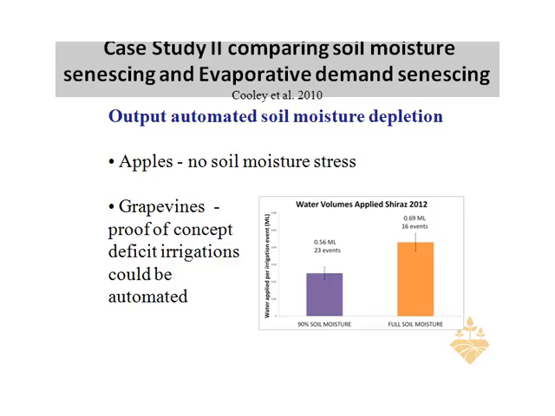The answer is yes. When a 90% soil moisture depletion was applied to a Shiraz crop and compared to a full moisture depletion, we saw that the number of irrigation events increased and the volume per irrigation decreased compared to the full moisture irrigation.